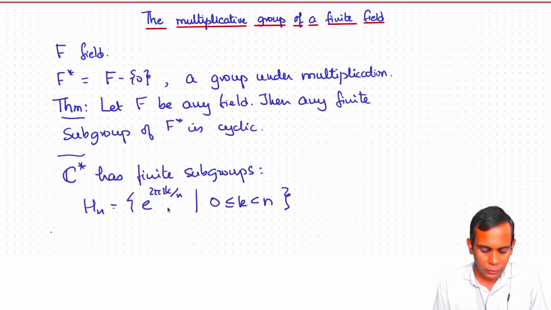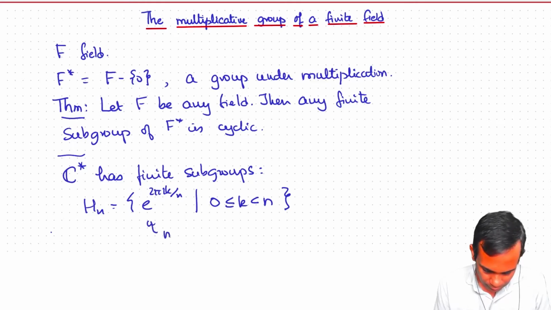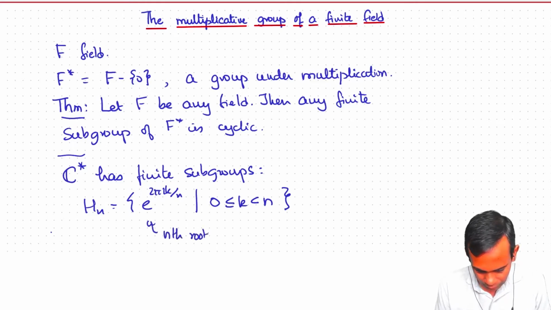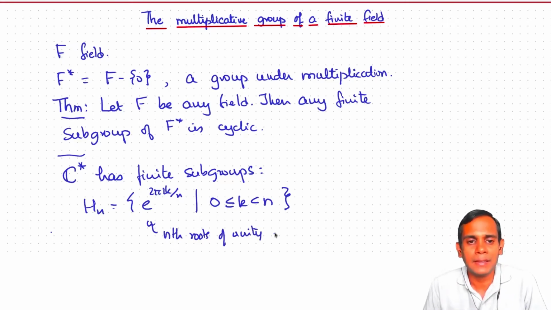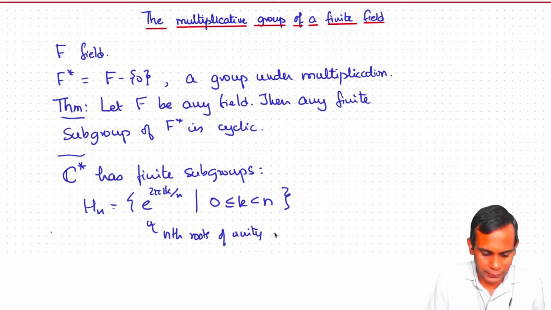These are the nth roots of unity. In fact, when we prove this theorem, we'll see that it's a very similar situation there, that if we have a finite subgroup of F star of order n, then it consists precisely of nth roots of unity.